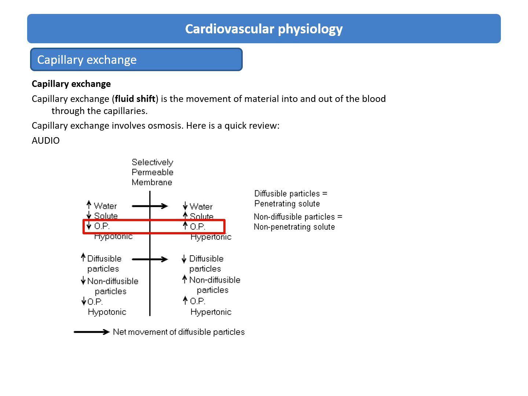The osmotic pressure on the left side is less compared to the right because osmotic pressure is proportional to solute concentration. The side with the lower osmotic pressure is hypotonic. The side with the greater osmotic pressure is hypertonic.